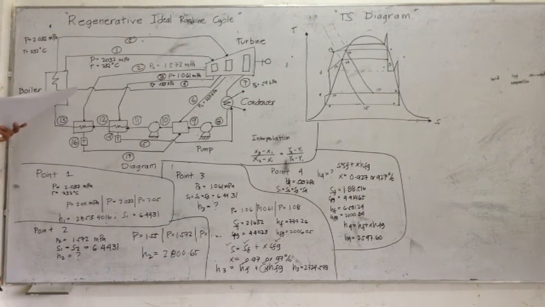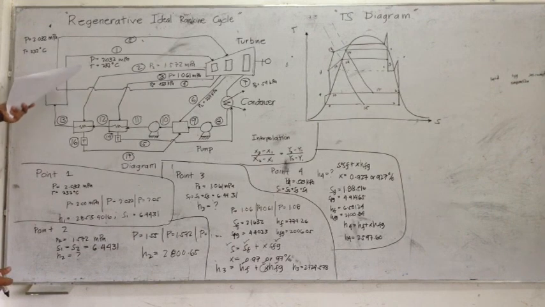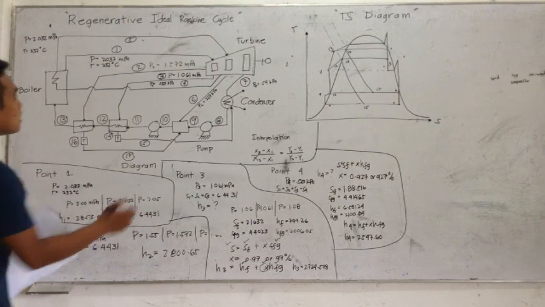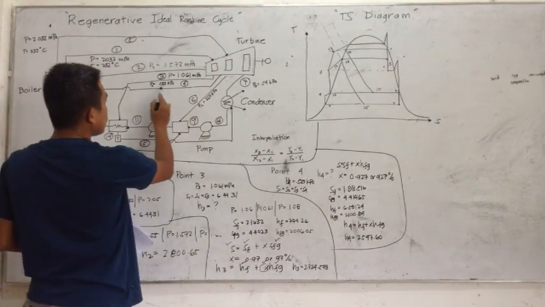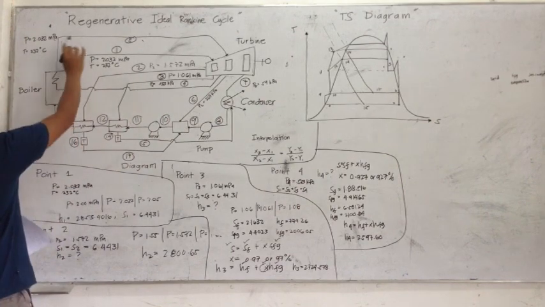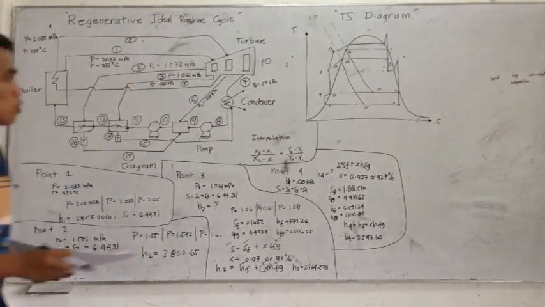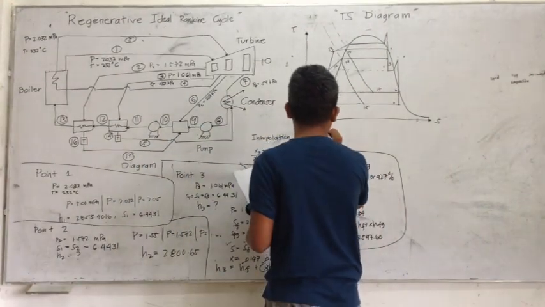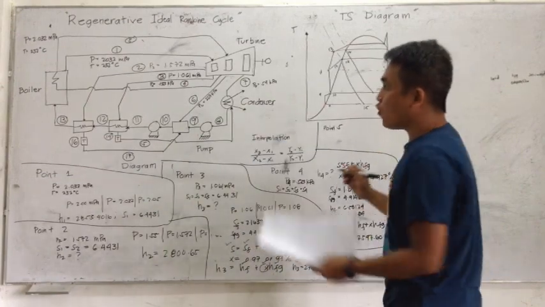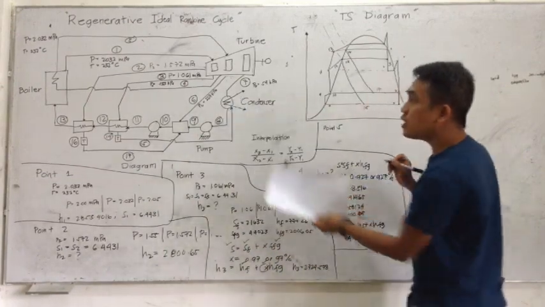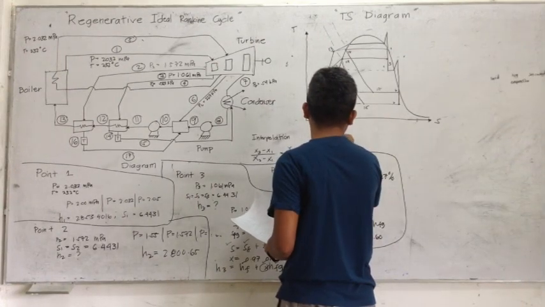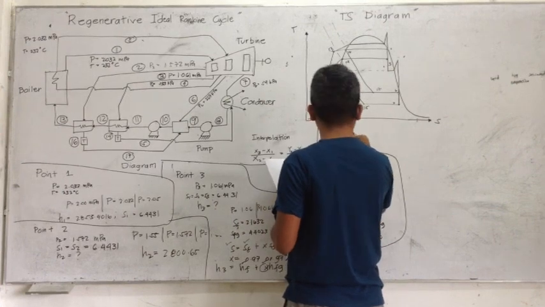Coming from the boiler, point 5 has a pressure of 533. At point 4 we have P4 of 533, which we can use for reheating in the boiler and going into the turbine. So P4 is equal to P5, which is 533 kPa.